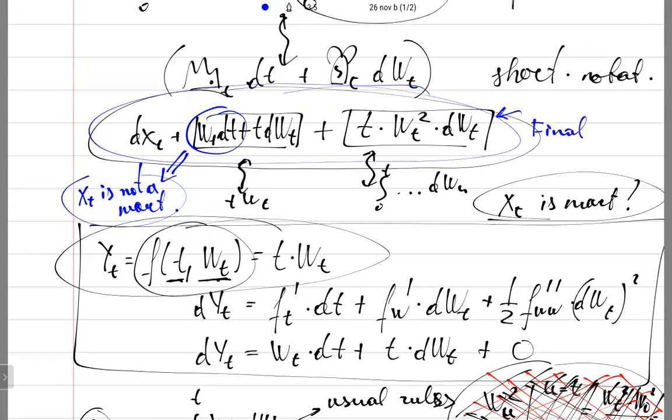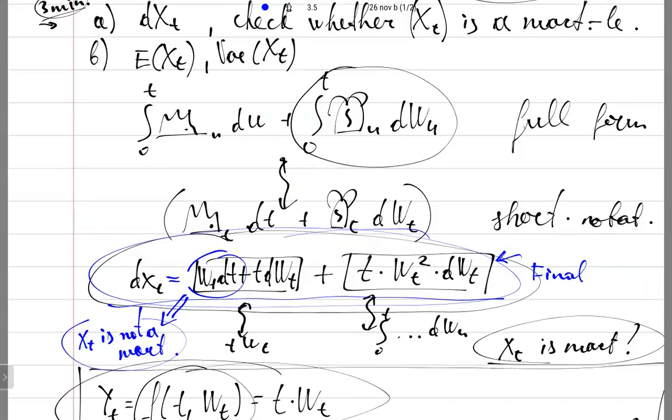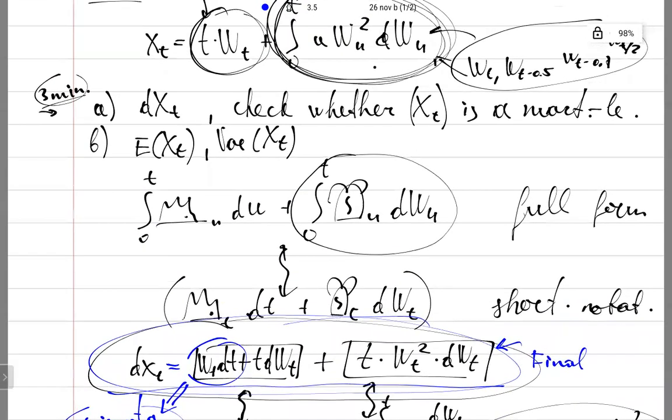Here, dxt includes... No, dxt equals 2. Sorry. Ah, yeah, okay, you're right. It's an equality sign. It was just a misprint. Yeah, I agree. Thank you. The xt has two terms, one provoked by tWt, the second one provoked by the integral.